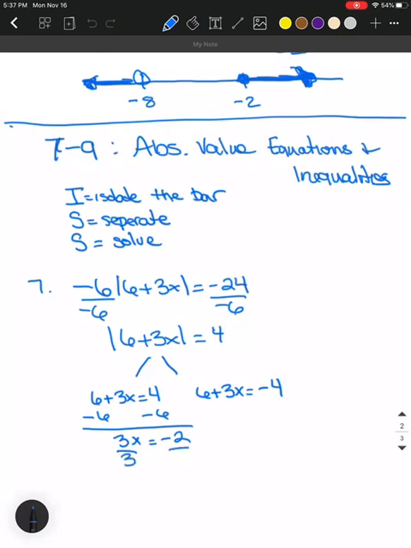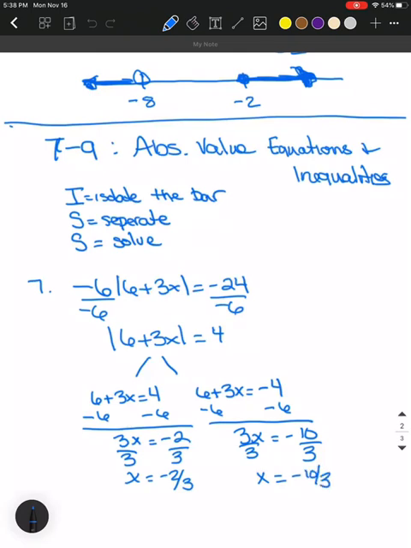Divide both sides by 3, and we have x is equal to -2/3. Now let's try the next one. I'm going to subtract the 6 from both sides. I have 3x is equal to -10. Divide both sides by 3, and we have x is equal to -10/3. All right, so that's the first part of the problem, solving absolute value equations.